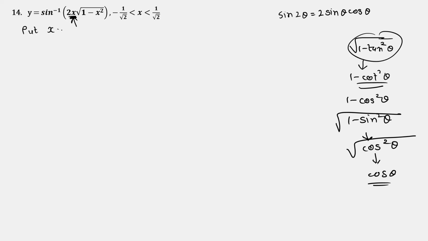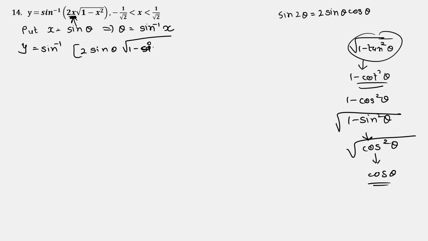Put x is equal to sine theta, so theta is equal to sine inverse x. So wisely, you should use all this, not tan theta all the time, since we don't have any formula here that would work. Let's show the steps, at least, so the teacher knows I know how to solve it.